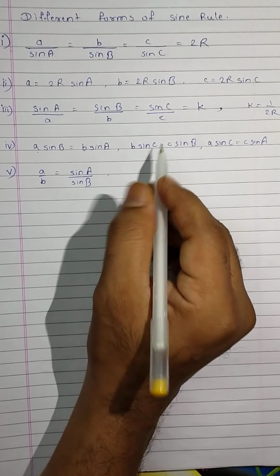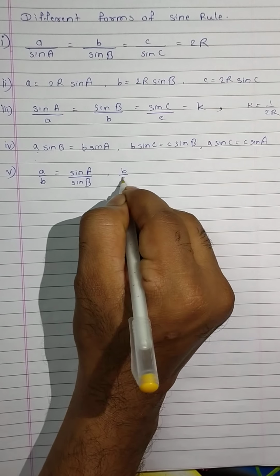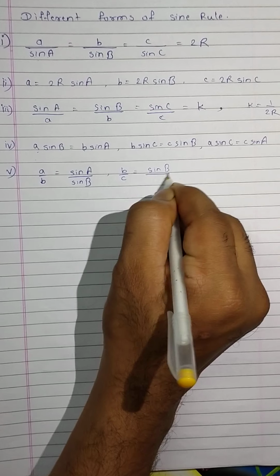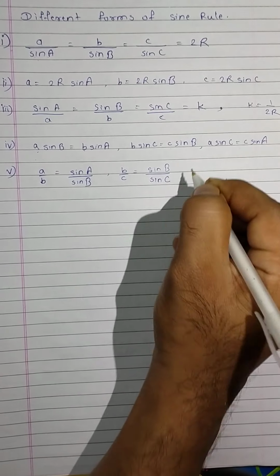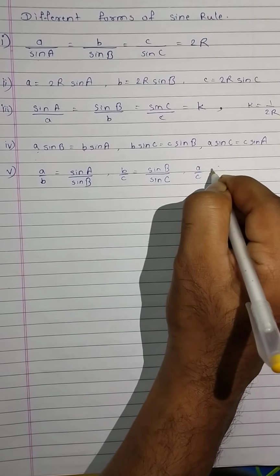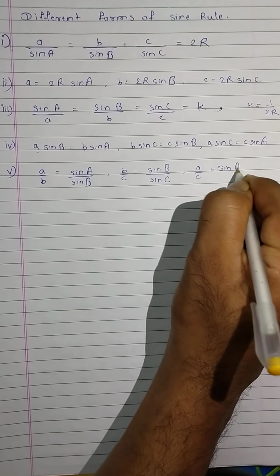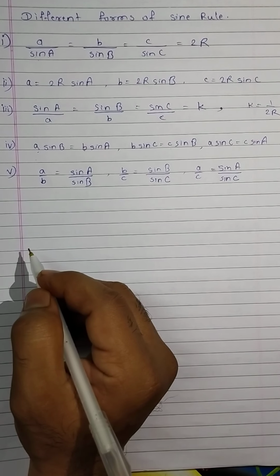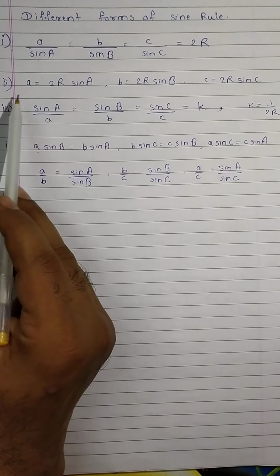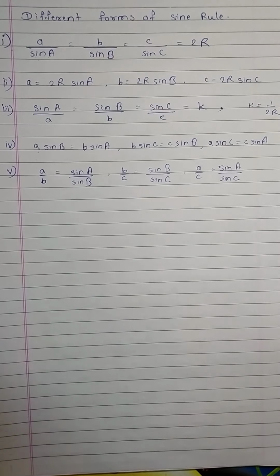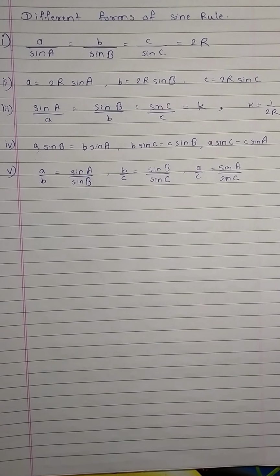From this ratio we get b upon c is equal to sine B upon sine C, and the last one, a upon c is equal to sine A upon sine C. So these are the different forms of sine rule which we can use in solving problems based on the sine rule.